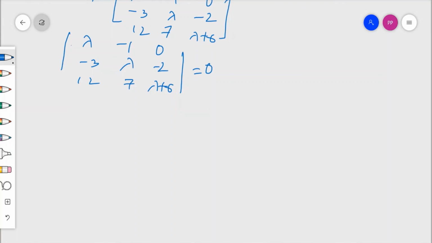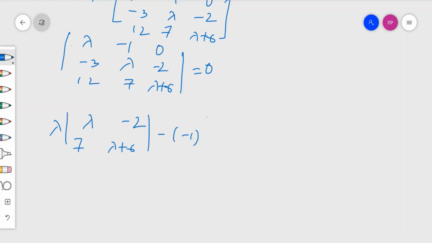So this is same as if I expand along the first row. So this is lambda times the minor with minus 2, 7, lambda plus 6, minus 1 times minus 3.